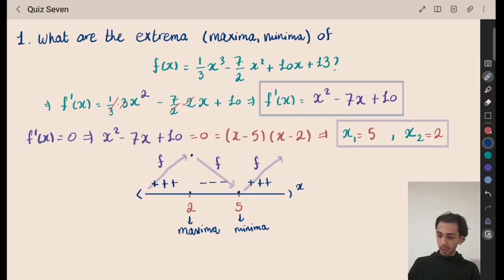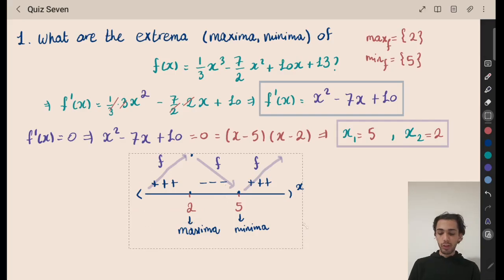So from here, yes, we can say that the maxima of f is just 2, and the minima of f is 5. But I also have another way to check this.